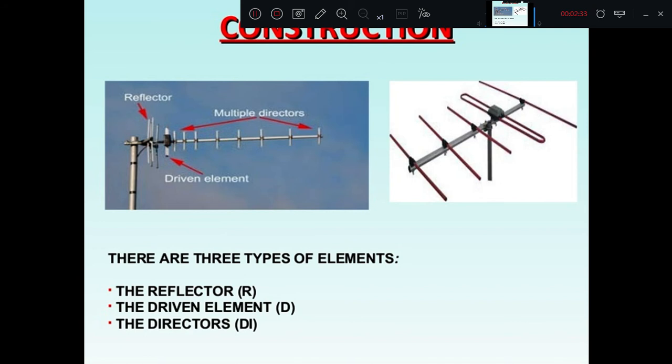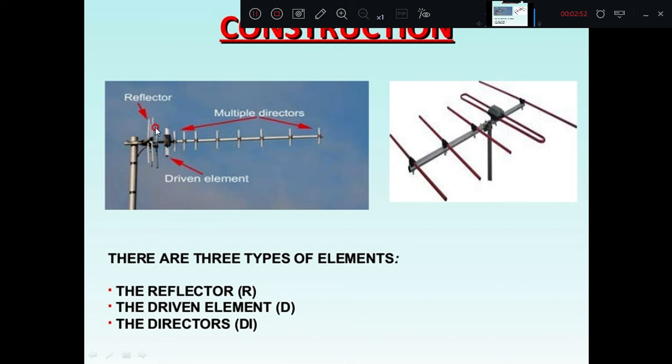And coming to the construction of this Yagi-Uda antenna, here you can see the two figures, right? This is the physical structure of the Yagi-Uda antenna. Basically it is made up of three elements.